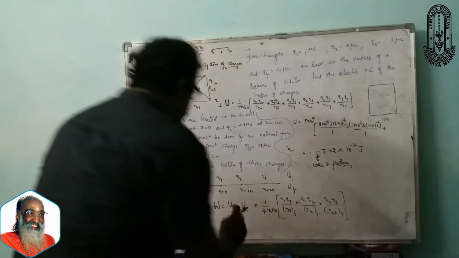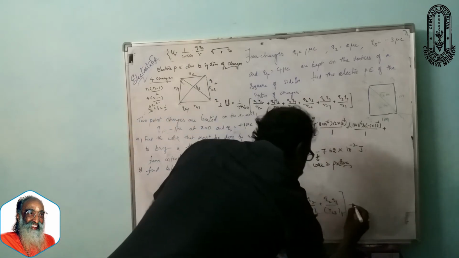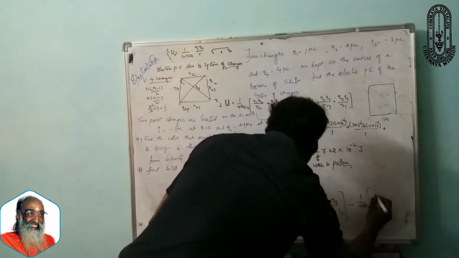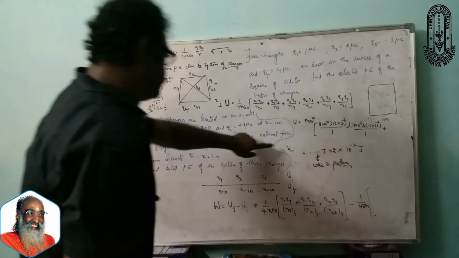So this is U final minus U initial, 1 by 4 pi epsilon naught. Initial means it is at infinity.